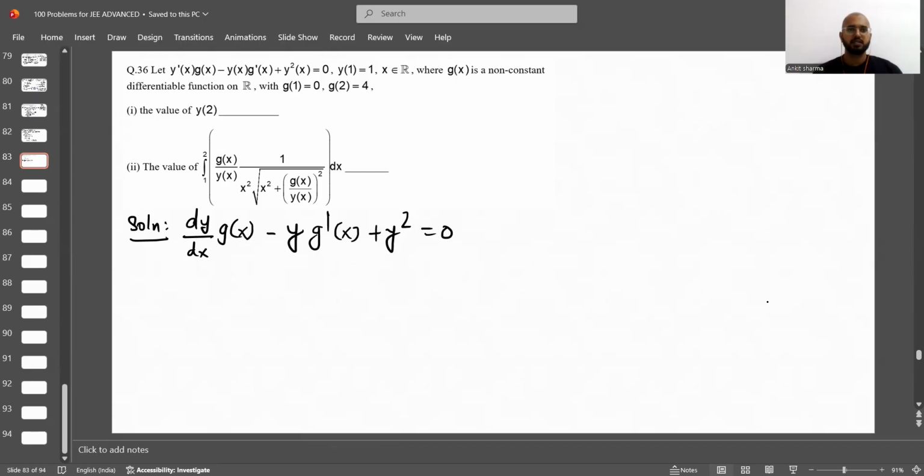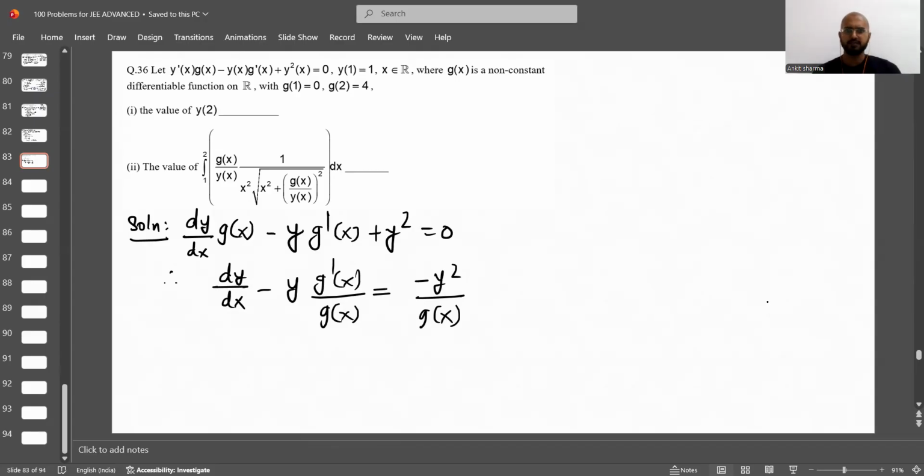Now this looks like a linear differential equation, but the only problem is the presence of g of x. So we will divide throughout by g of x, which means I have dy over dx minus y g dash of x over g of x is equal to minus y square into g of x.